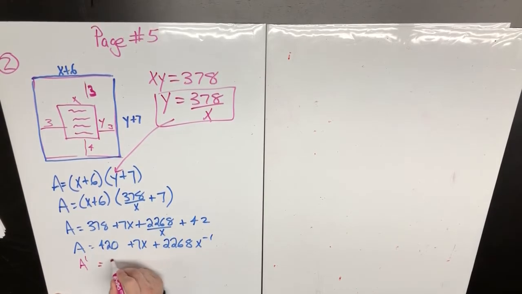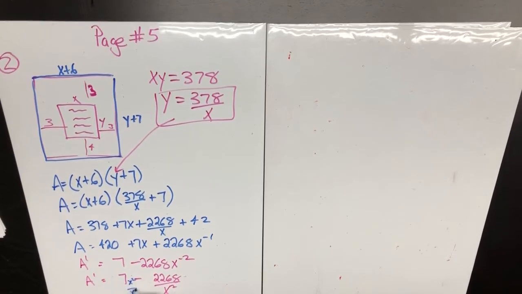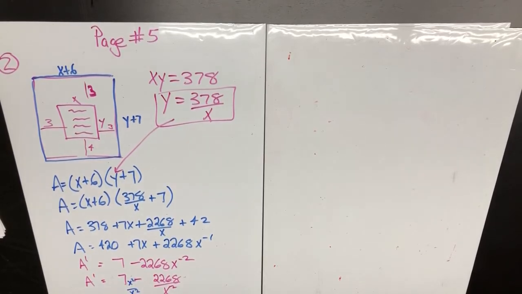A prime equals 7 minus 2,268 x to the minus 2. So A prime equals 7 minus 2,268 over x squared. Find a common denominator just to make it a nice neat fraction that you can easily set equal to 0.